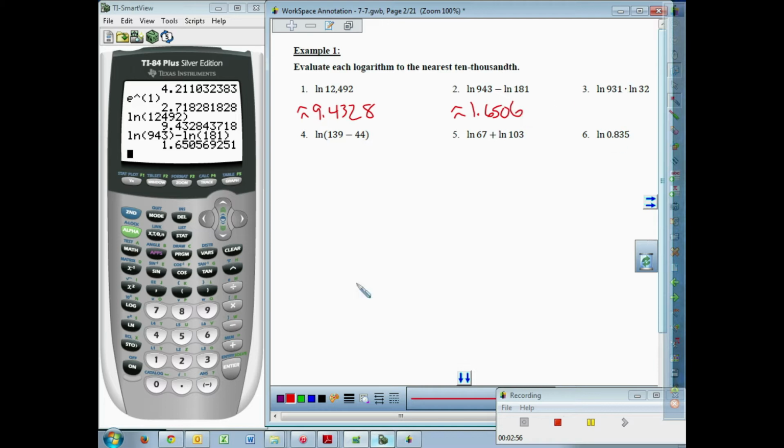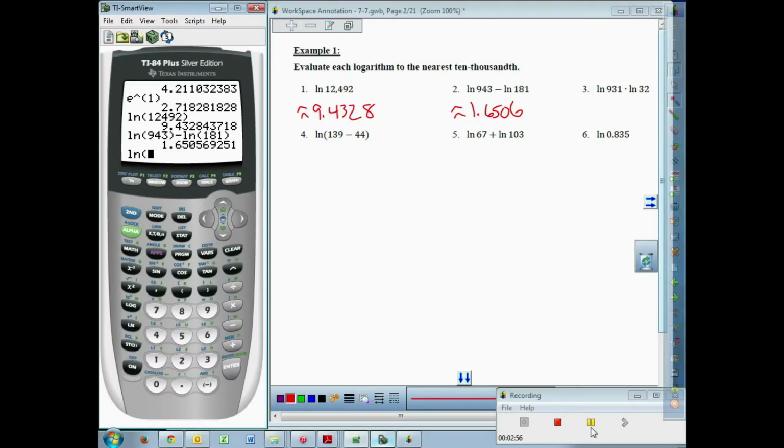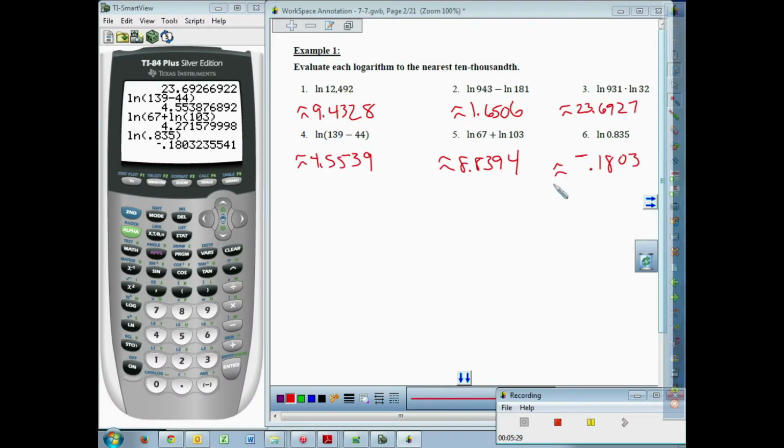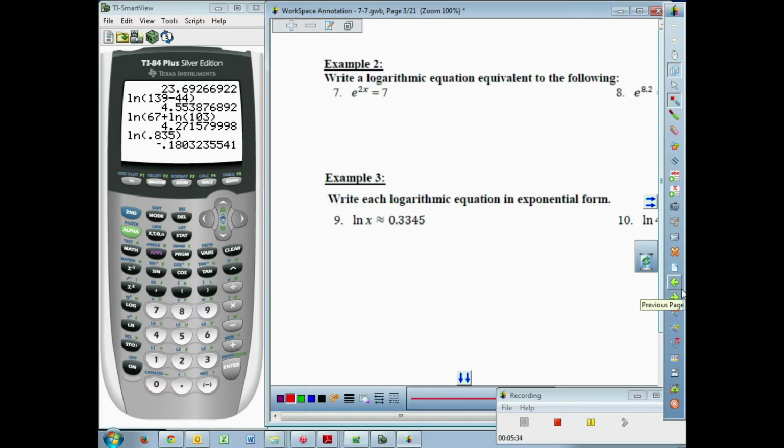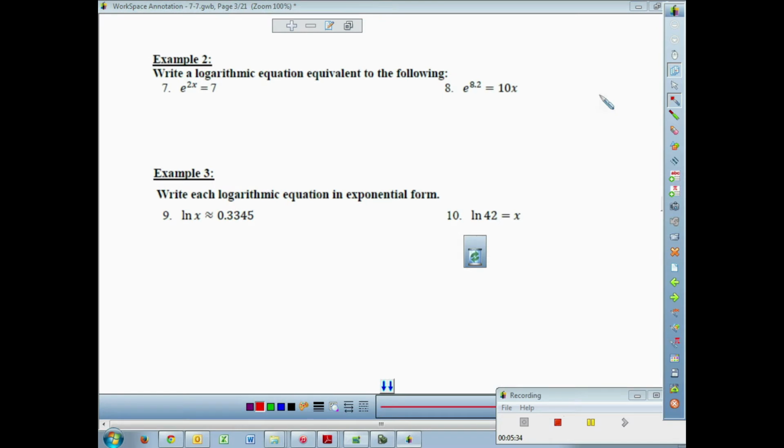Try the rest of them. Punch them all in. So here's what we should have got on all these. Check yourself before you wreck yourself. All the same rules of logarithms apply. It says write a logarithmic equation equivalent to the following. So this is exponential, correct?